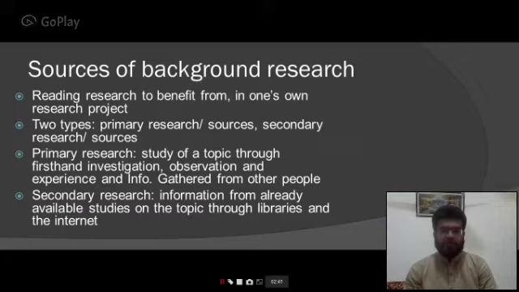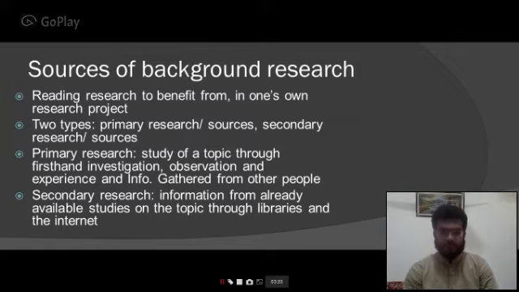Now, there are basically 2 types of sources we use during this background research: primary research or primary sources, and secondary research or secondary sources. Primary research means studying a topic through first-hand investigation, observation and experience, and information gathered from other people.